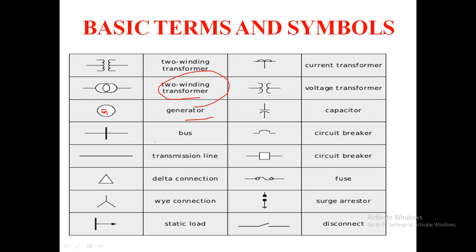Then bus, transmission line, delta connections, star connection or Y connection, static load, current transformer, shortly represented by CT, voltage transformer or potential transformer, capacitor, circuit breakers, which are also represented by another symbol. And this is your fuse, surge arresters and disconnector. Passing through your switches, this is your disconnector.